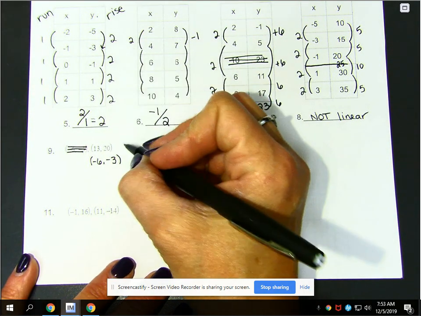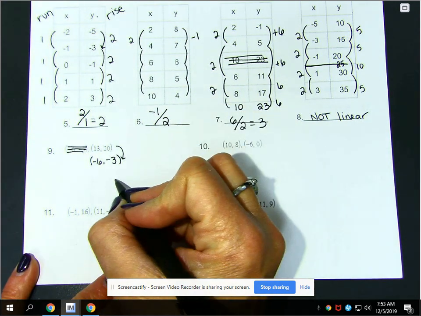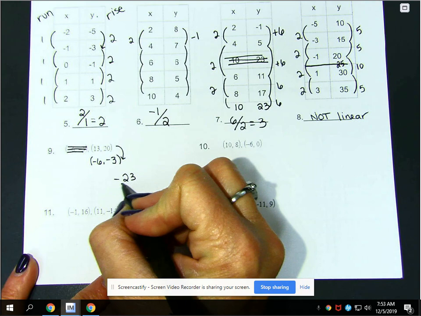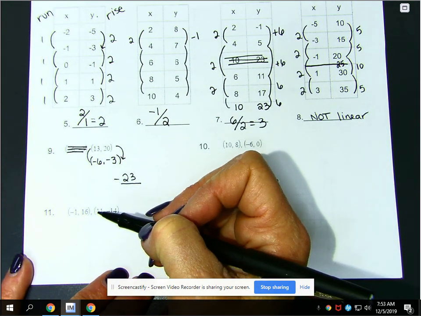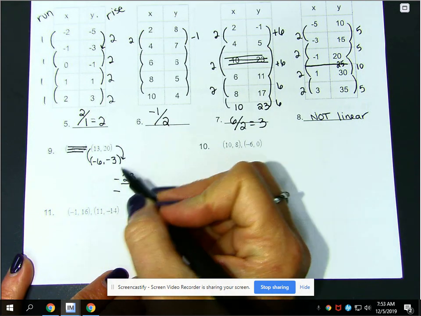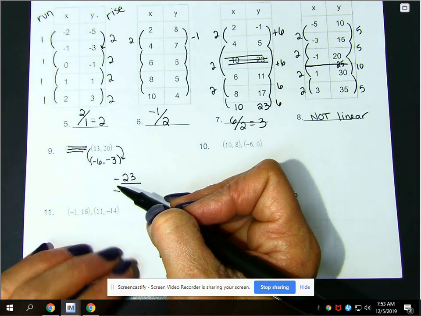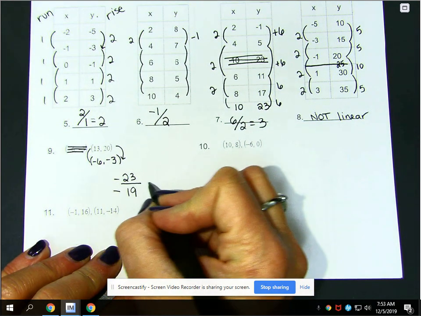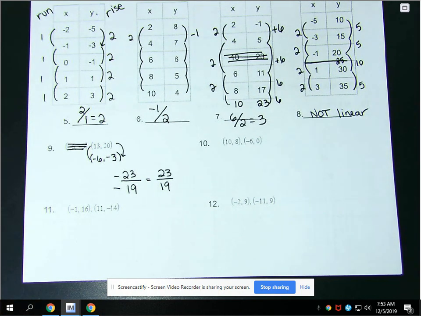So my change in y, my rise, 20 to -3 on a number line is a -23. 13 to -6 on a number line, you're going from a positive 13 down to a -6, is a -19. Negatives cancel out, so it's a positive 23 over 19.